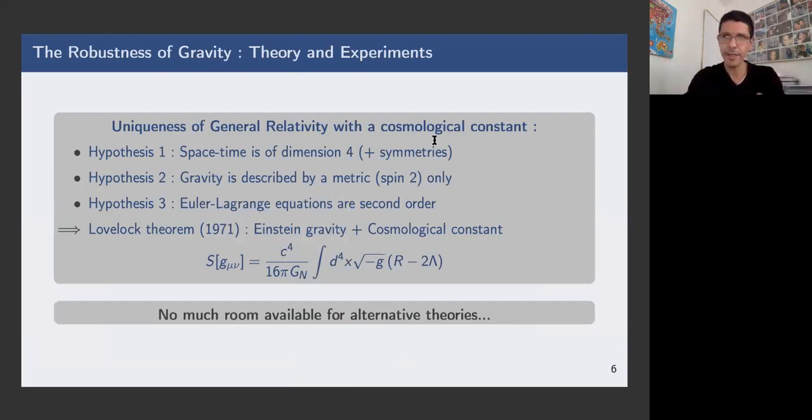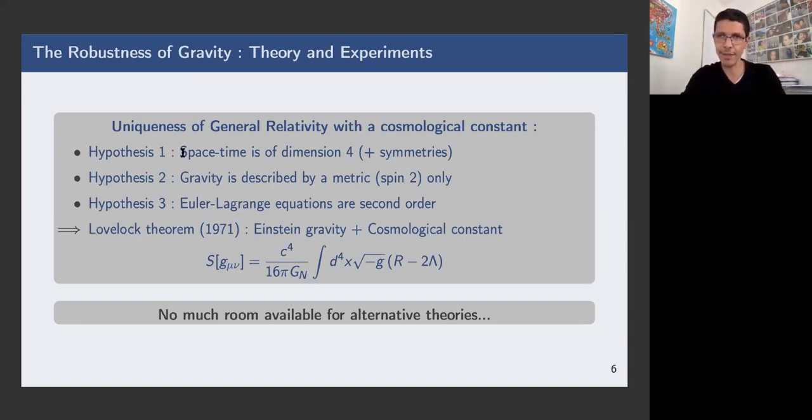So the point is that general relativity is robust and is unique in some sense. And this uniqueness of general relativity makes the theory, of course, very beautiful. We can see and understand it very well if we present the very famous Lovelock theorem.